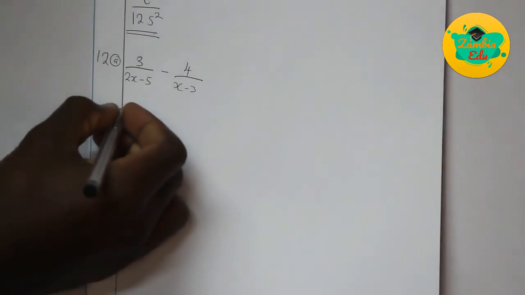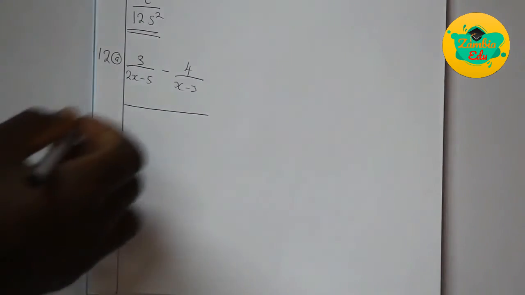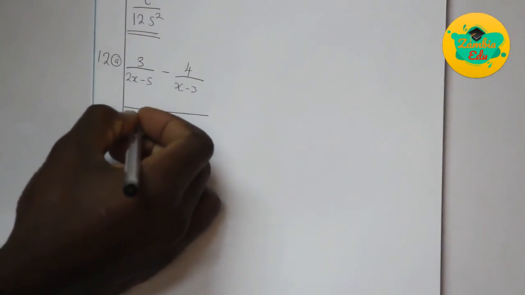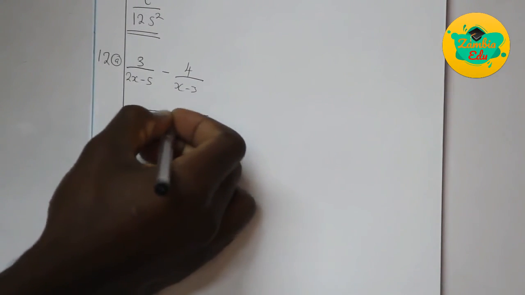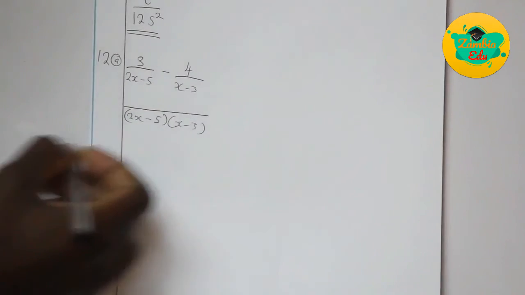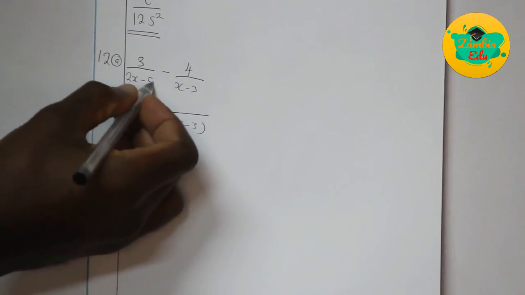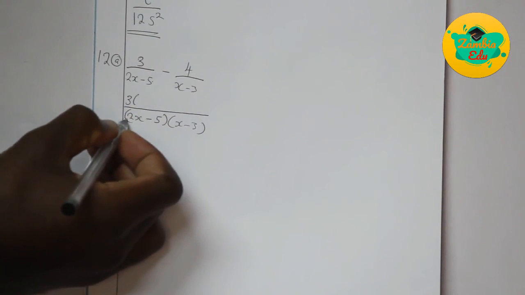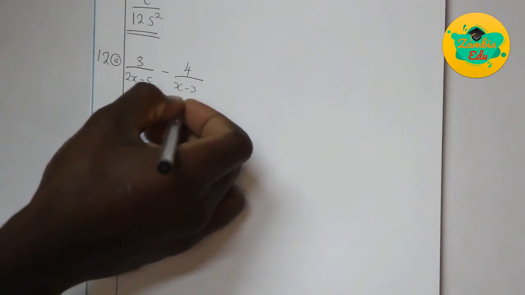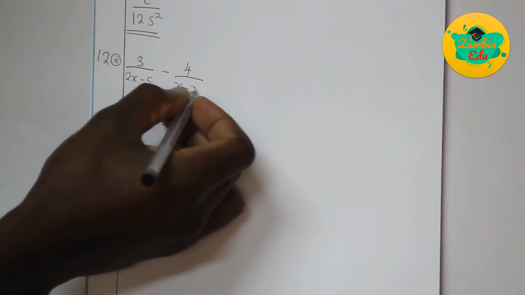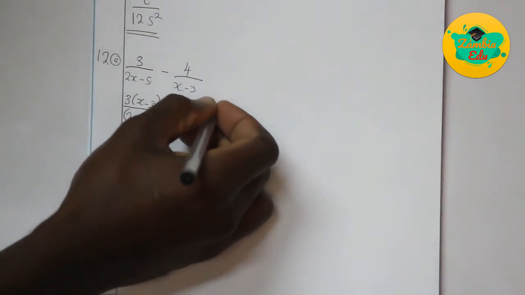So we do our common denominator first. So we have 2x minus 5, x minus 3. 2x minus 5 cancels 2x minus 5 there, so you remain with x minus 3 minus 4 open bracket. X minus 3 cancels x minus 3 there, so you remain with 2x minus 5.